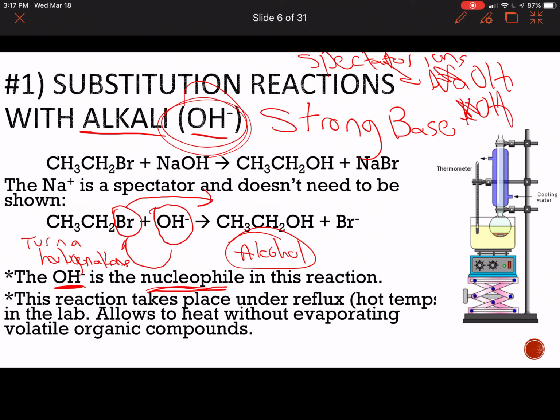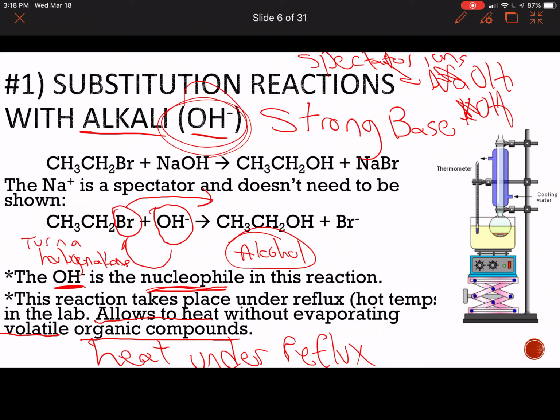It is important to note that the reaction condition is heat under reflux. That is the condition for this reaction. The refluxing mechanism, I'll see if I can post a video of it, allows you to heat without evaporating volatile organic compounds.